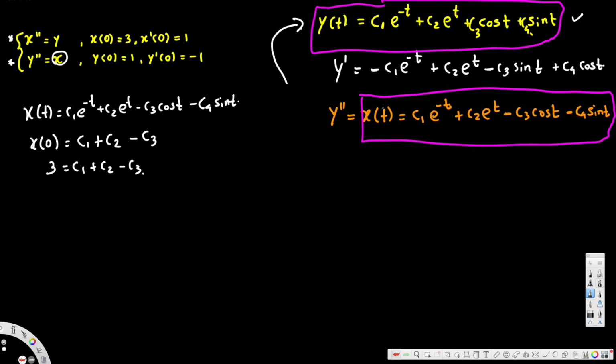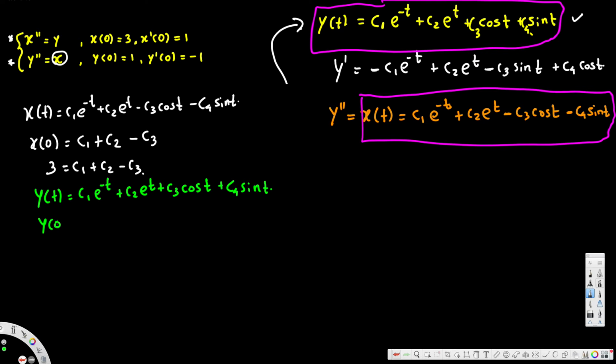and then we know that y of t is this one. Let's go ahead and plug the y of t values. Y of t is equal to c1 e power negative t plus c2 e power t plus c3 cos t plus c4 sin t. Okay, now we know that y of 0 is 1.